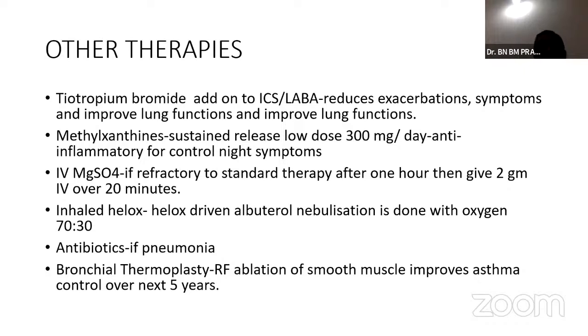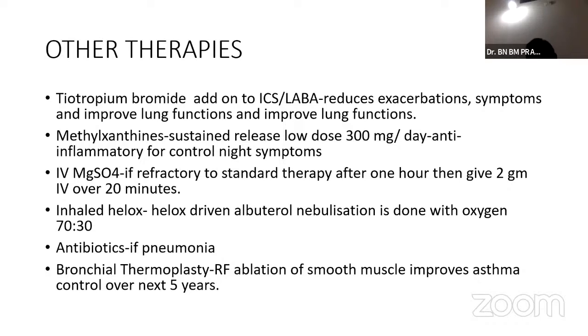And IV magnesium sulfate, for those who are refractory to standard therapy after 1 hour of nebulization as per the protocol I told you, then give 2 grams of IV magnesium over 20 minutes. It can be used in acute, severe, uncontrolled asthma.